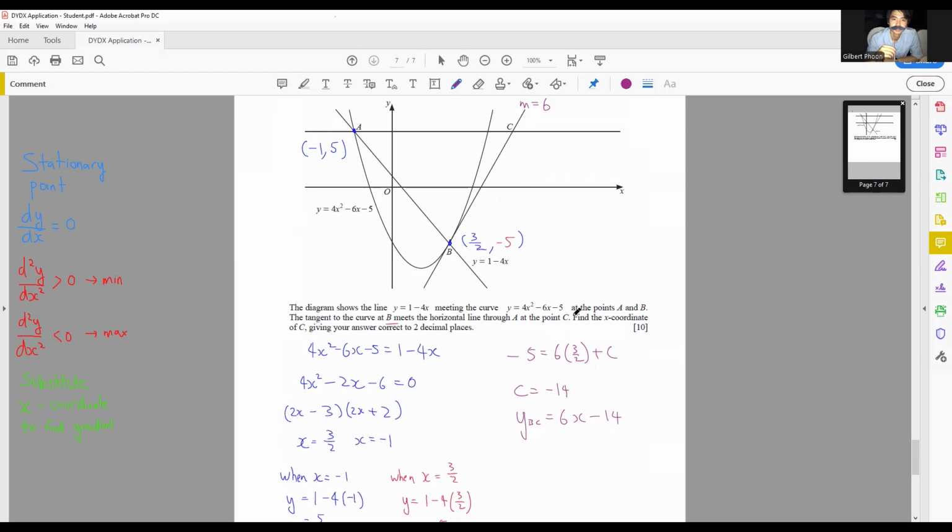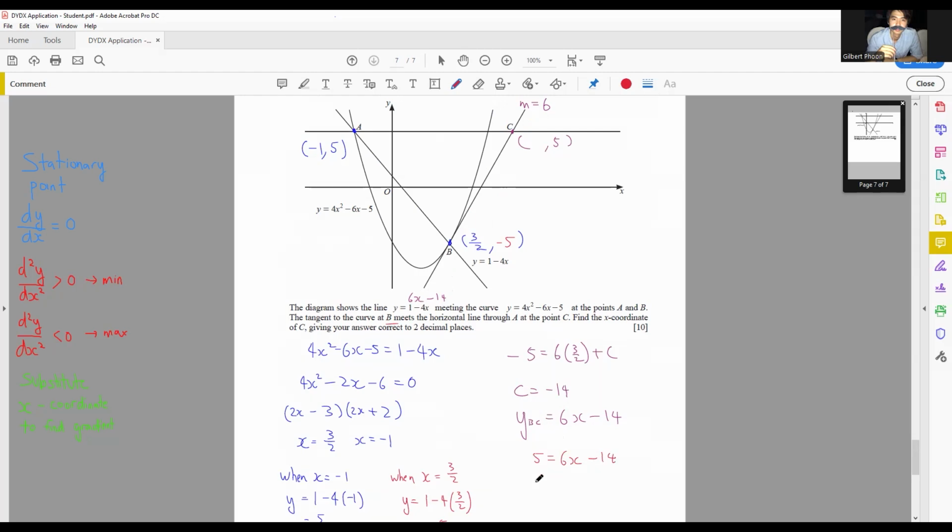Now, the final part of the question is find the x coordinate of C, giving answers correct to 2 decimal places. To find the x coordinate of C here, since I already have the equation, which is 6x minus 14, and I know that this has a y coordinate of 5, all I have to do is substitute when y equals to 5 into 6x minus 14.